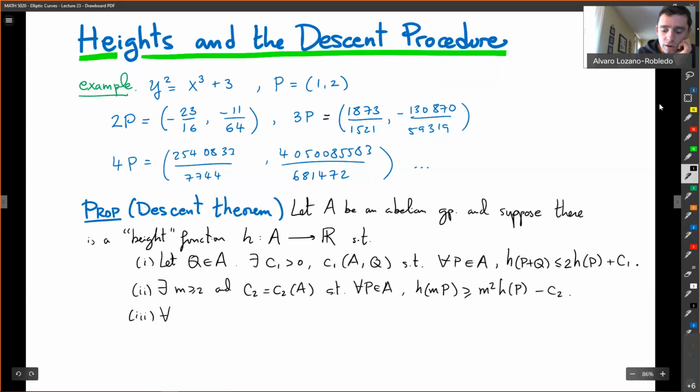For all constants C3, the set of points of bounded height is finite.